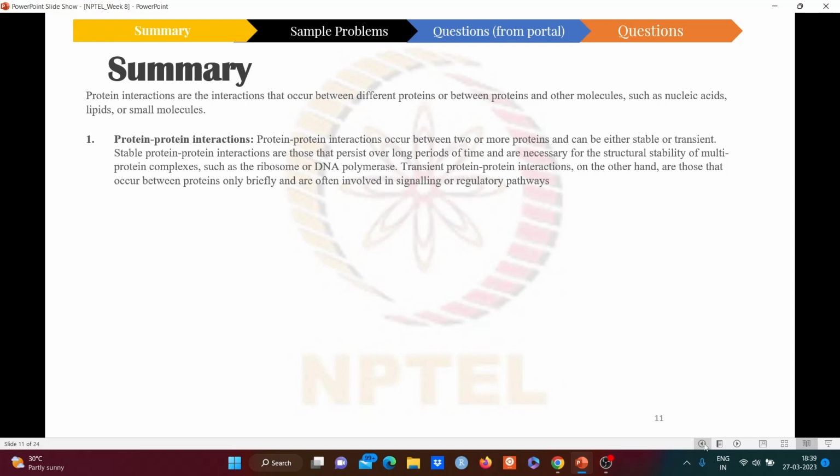First, I'll be starting with protein-protein interactions. They occur between two or more proteins and they can be stable or transient. Stable protein-protein interactions are those that persist over long periods of time and are necessary for the structural stability of multi-protein complexes such as the ribosome or DNA polymerase.